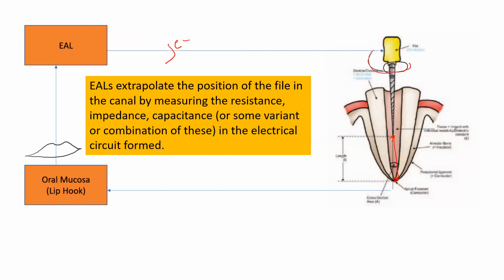They reach the file clip, and through this file clip they reach the file, and then through the periodontal ligament they exit the system and reach the oral mucosa via the lip hook, and then again go back to the electronic apex locator. Now this EAL actually measures the resistance, impedance and capacitance, or a combination of these in this whole electric circuit, and that's how it determines the working length.